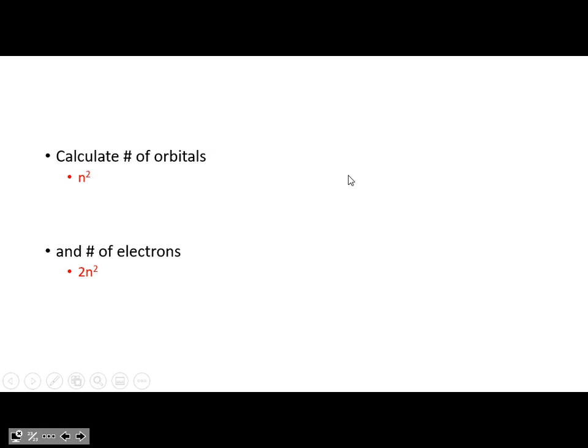So I have 1 orbital and 3 orbitals make 4, and then 5 d orbitals make 9 total. Well, what's 3 squared? 9. What's 3 squared times 2? 18. So it's 18 electrons. So that is this for orbitals, this for electrons, and you're going to need to be able to do that for WebAssign. Okay? Any questions?